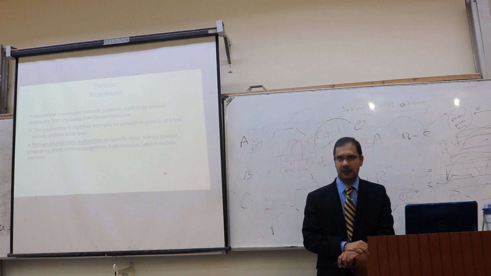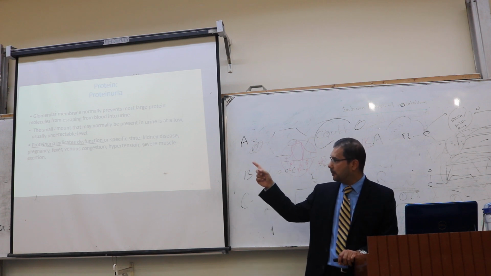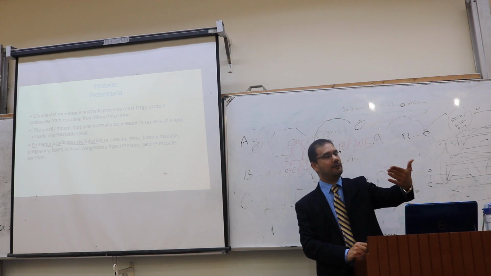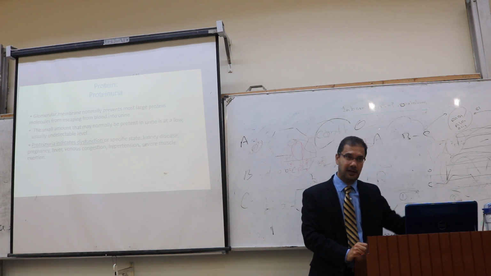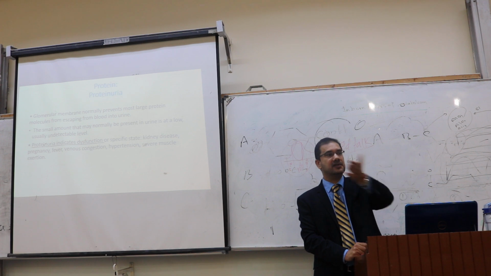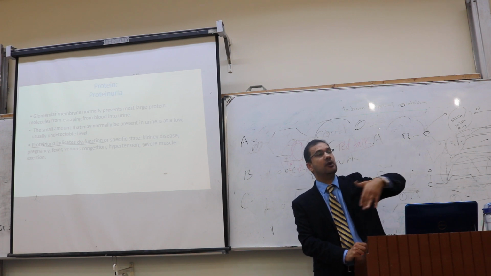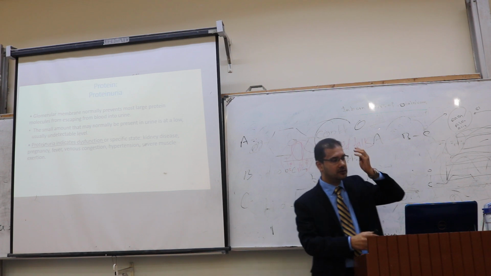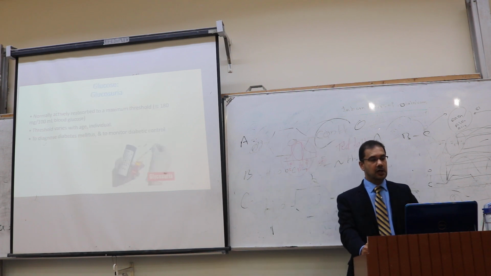All these may cause proteinuria. You cannot say you have proteinuria, so you have acute renal failure. It may be acute renal failure, but it's one reason. There may be other reasons. We need more investigation to make sure we give the accurate diagnosis.